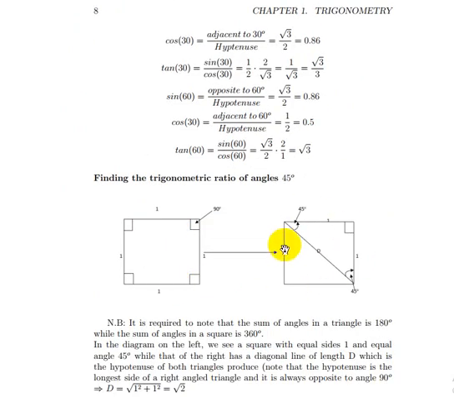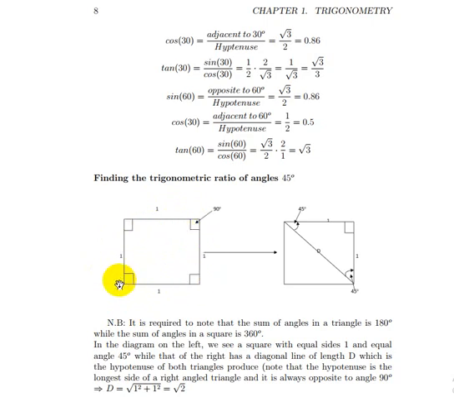But here we see that a square consists of two triangles, so the summation of all the angles of a square is going to be double that of the triangle, that is 2 times 180, which is 360 degrees. Since all the sides of a square are equal, in this case I've taken the side to be 1, 1, 1. And the next characteristic is that all the angles are equal.